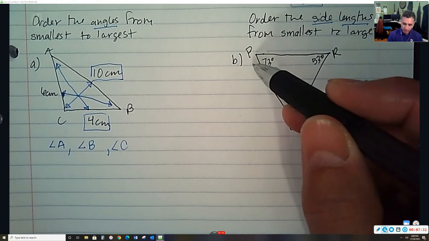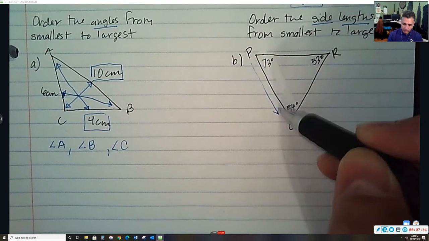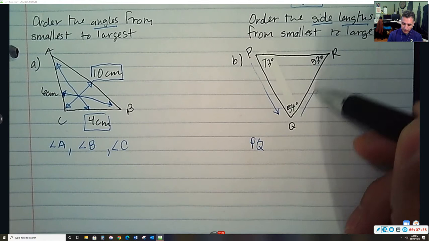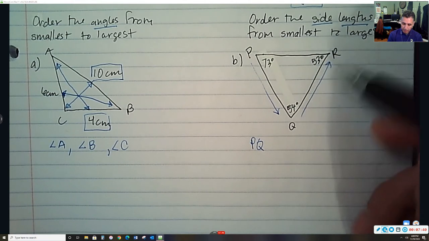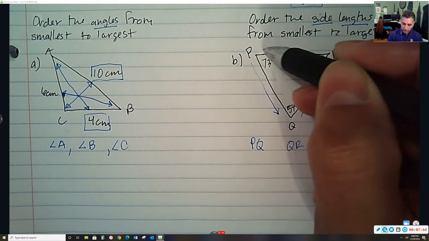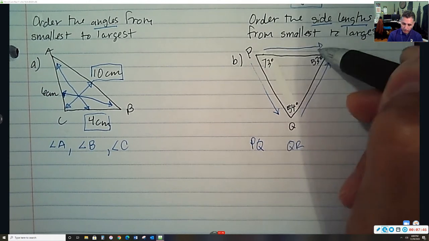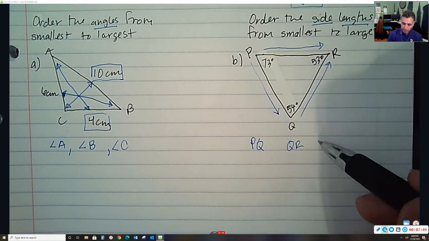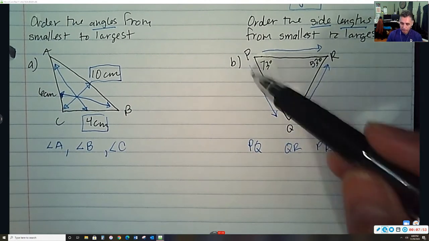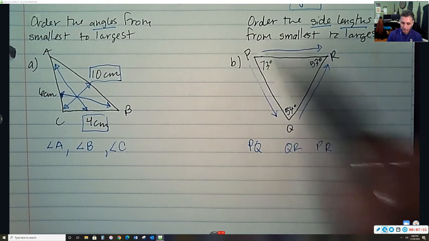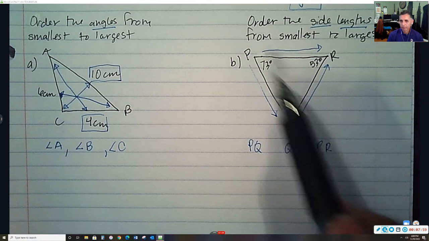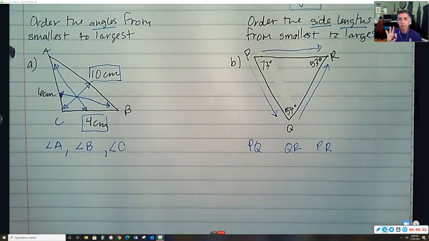So first, if I go in alphabetical order, that's one side, PQ, and then here's another side, QR, and then again, if I go in alphabetical order, it's PR, not RP. I didn't want to continue this because it would go RP, which is not in alphabetical order. So those are the 3, but they're not in order yet.